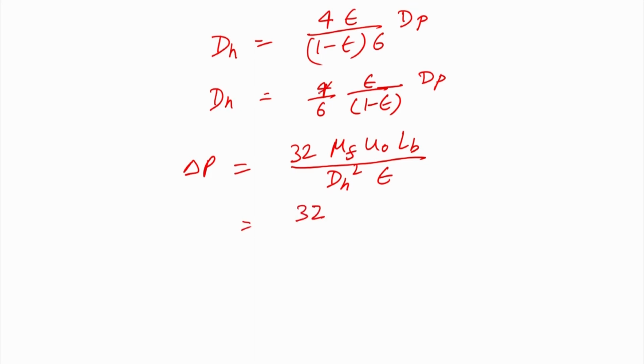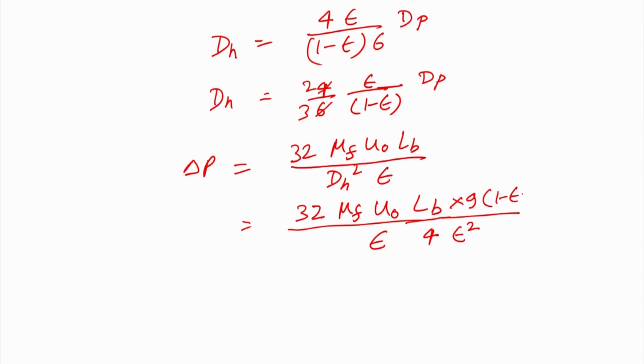Now you can cancel it out, it will be 2 upon 3 again. You can write here mu f into U naught into LB upon epsilon. Now I am doing dH square on the separate side, it will be epsilon square into 4 into 9 upon 1 minus epsilon square into dP square. So you will get this value.